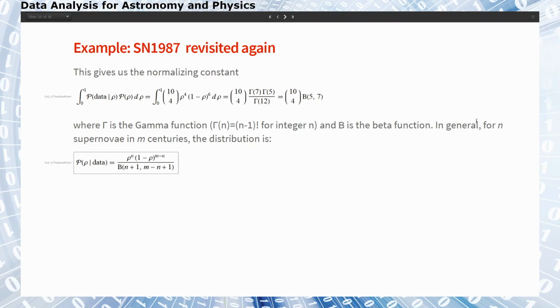So in general, for n supernovae in m centuries, the distribution is given by this factor, divided by the beta function for n plus 1 and m minus n plus 1, and the binomial coefficient cancels out.